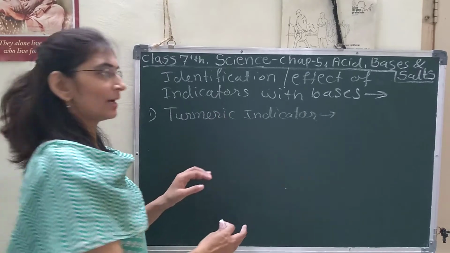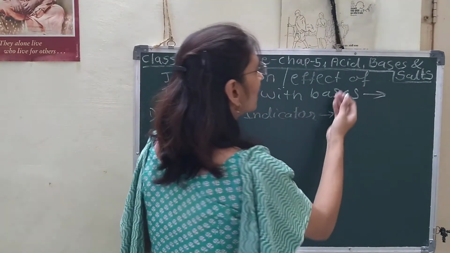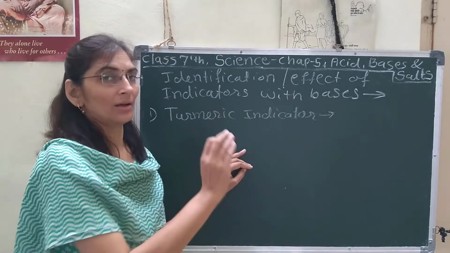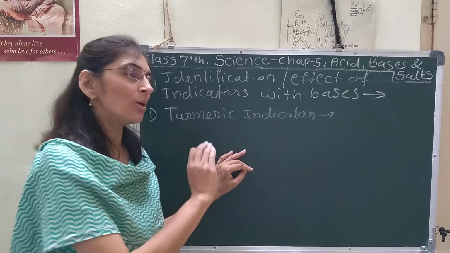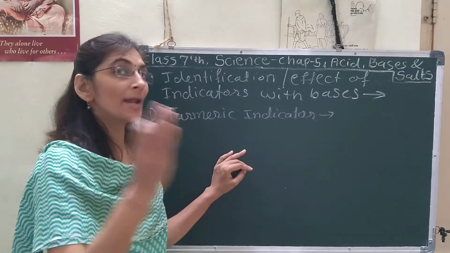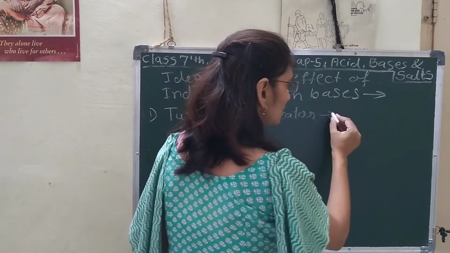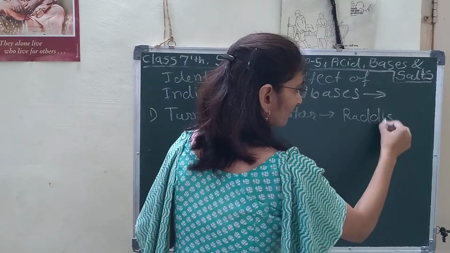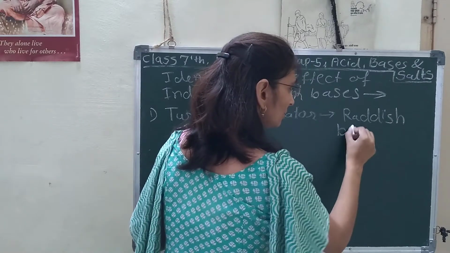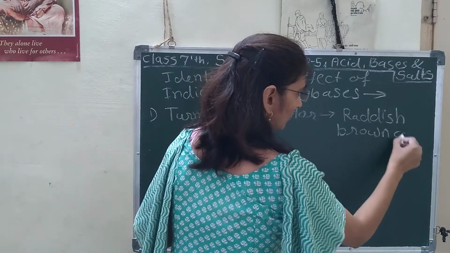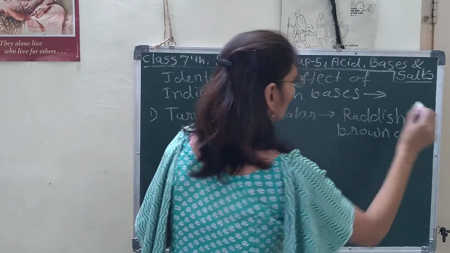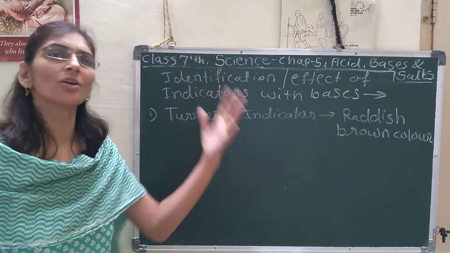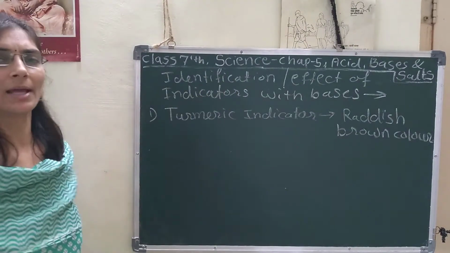This turmeric indicator will react with base, and the original color of turmeric, yellow, will change into reddish brown color. We will discuss indicators in our special topic on indicators in our next lecture.